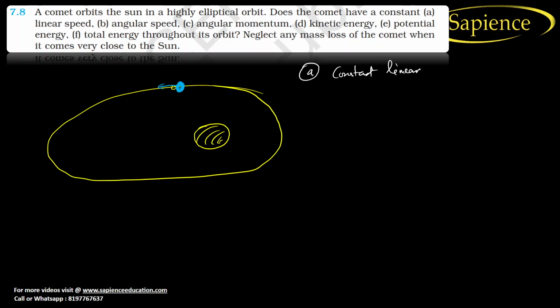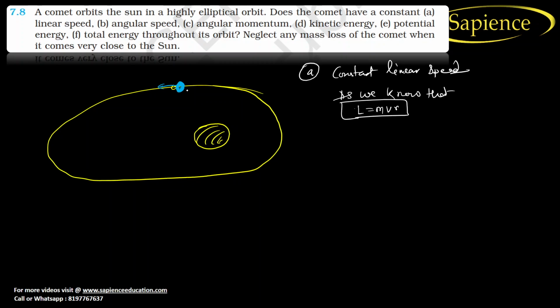Constant linear speed. So as we know that angular momentum will be conserved. Angular momentum, that is L is equal to mvr, will be conserved.